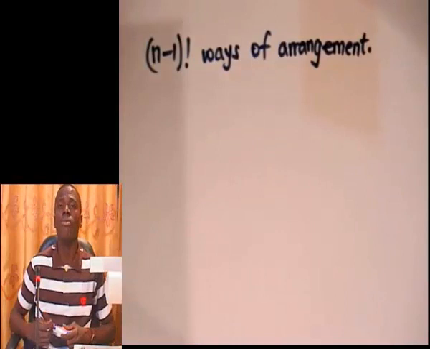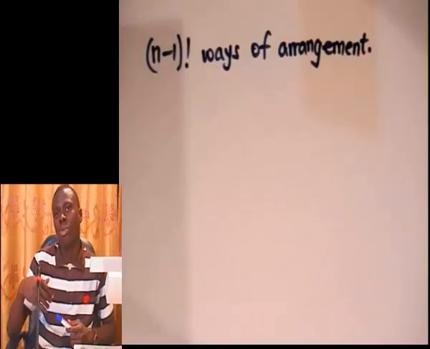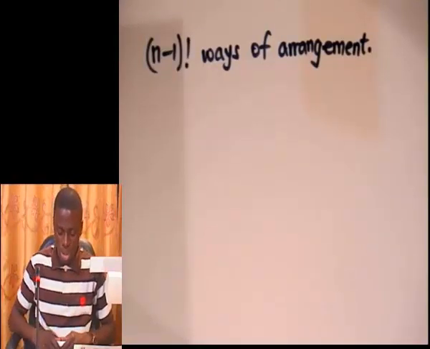Let's look at this again: if you're arranging n objects around a circle, there will be n minus 1 factorial ways of arrangement.